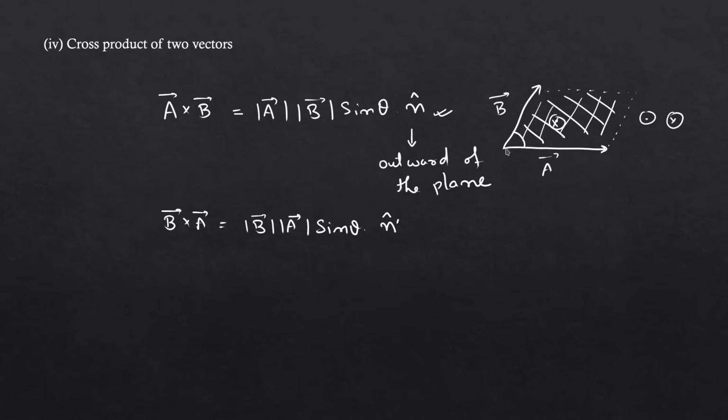Now take the right hand, put it in this direction, making sure that the palm is facing this side, and make a rotation with your hand in this direction. You will see that your thumb is facing inside the plane rather than outside the plane, which was the older case. So this will be in the direction of inside of the plane.